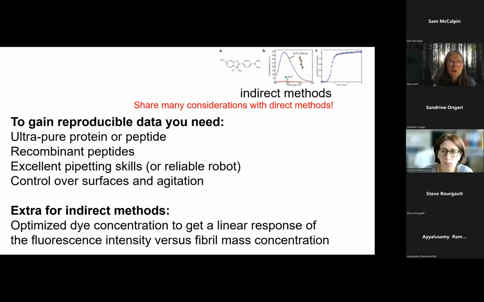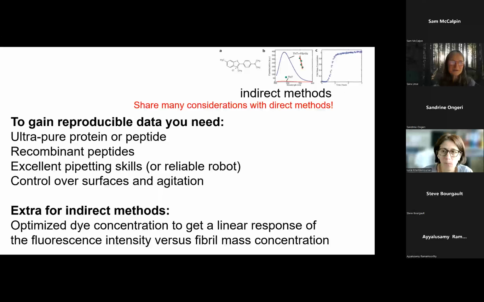But many of the considerations for you to obtain reproducible data are actually shared with the direct methods. So many of them are the same. I mean, the requirement for ultra-pure protein or peptide. We normally study samples that are like 100 microliters and at least a micromolar, which means you have around 10 to the 14 molecules.